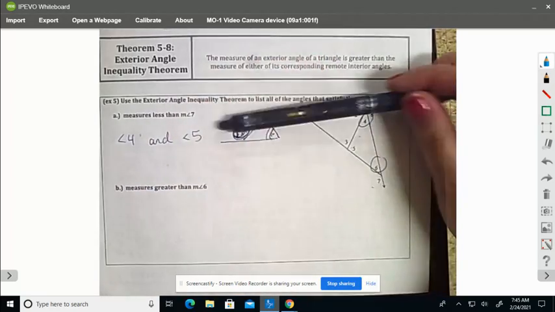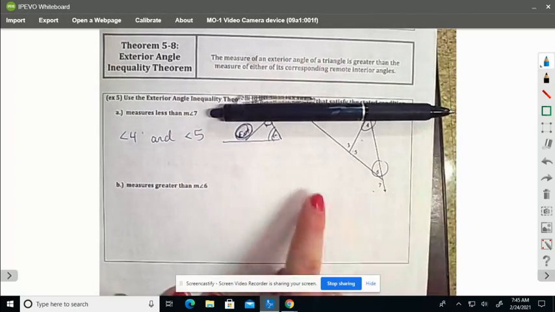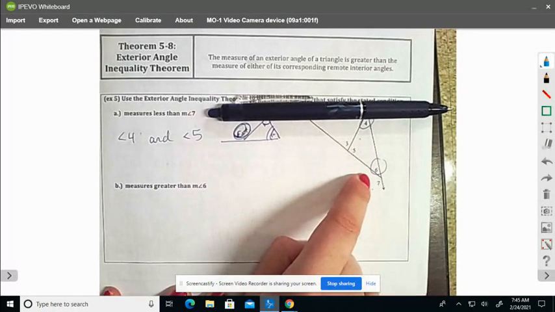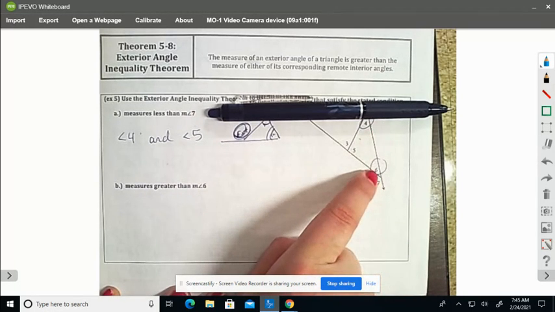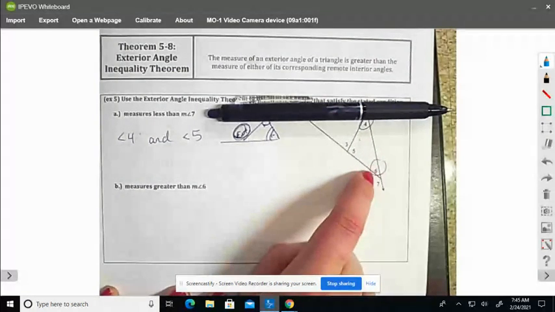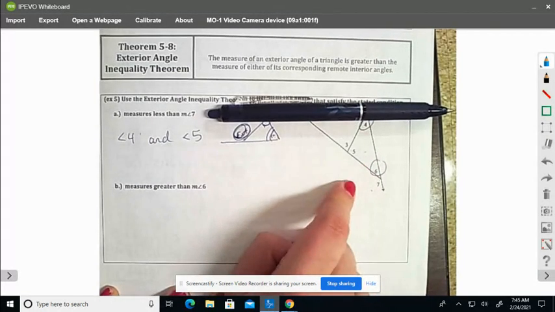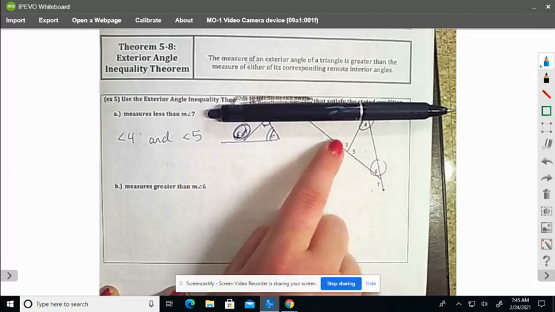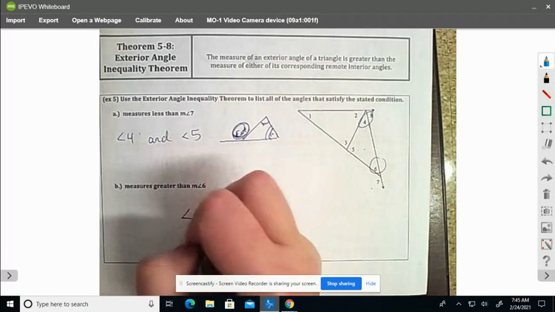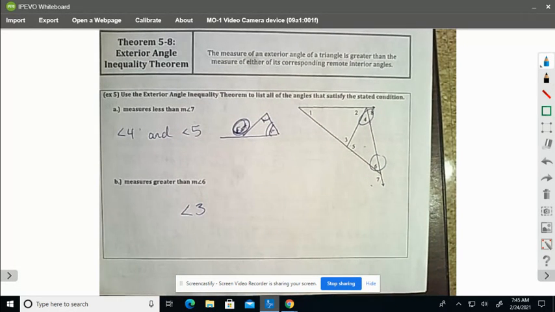Because if you look here, if you ignore this, this is an exterior angle. These are the 2 remote interiors. So 4 and 6 would be remote. So you can't say that 4 is greater. You have no proof whether 6 or 4 is greater, but you do know that angle 3 has to be greater because it's that exterior angle. So angle 3 would measure greater.